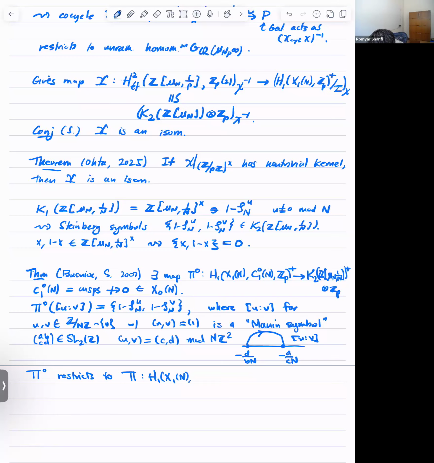And it restricts to a map just on the homology to K2 of the, there's a slightly smaller K2 group that we were considering before, just differing by K1 of the multiplicative groups of the primes dividing n, tensor Z_p.